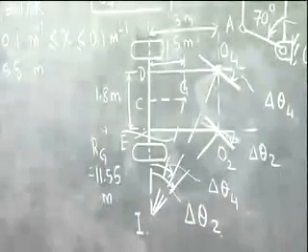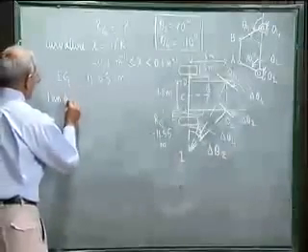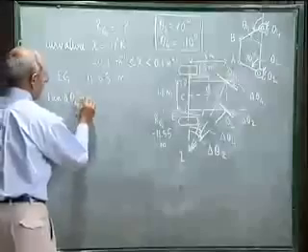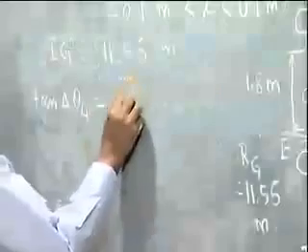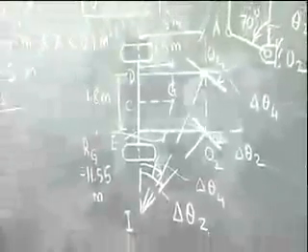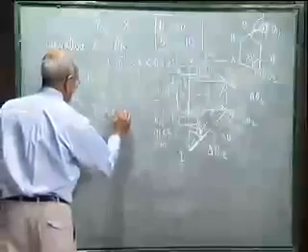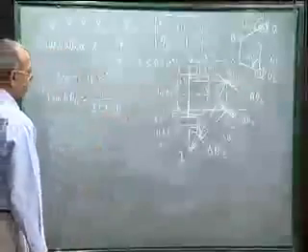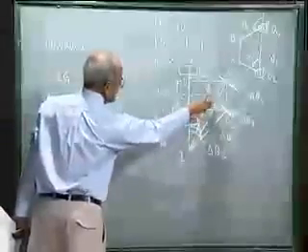So we can see tan of delta theta 4 is 3 meter, this OD is 3 meter divided by ID, which is IC plus CD. And CD is 0.9 meter. And IC I can get from IG and CG. CG is 1.5 meter.